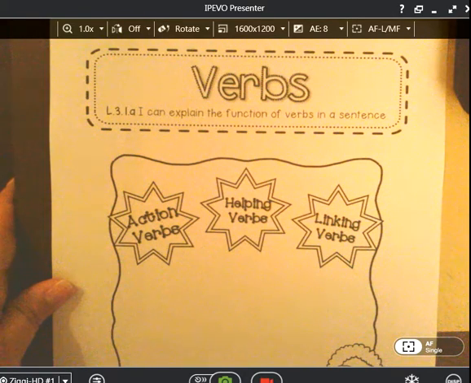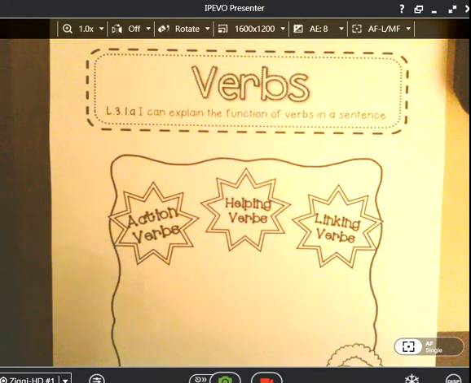So if you need to pause the video right now to go and get those things, you will also need some glue and some scissors to cut this out, and if you want to color, a crayon or marker. And then of course you also need something to write with in your folder. So I will give you a moment to pause the video and come back and get your stuff.